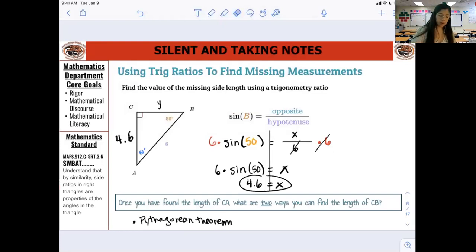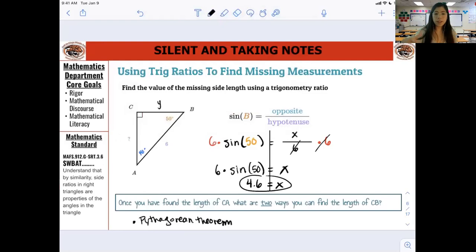We didn't know what that was, our question mark side. So that was x, right? Sine of B is opposite over hypotenuse. So we set up our equation. Opposite over hypotenuse was x over 6. Does that make sense? Okay. You're welcome.